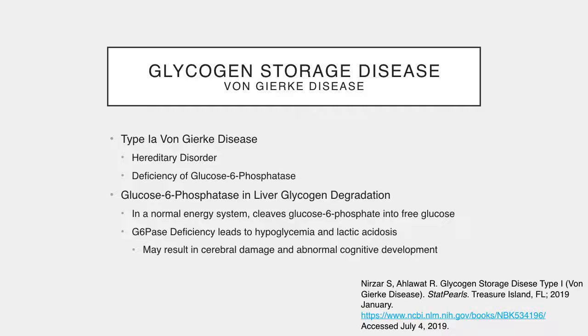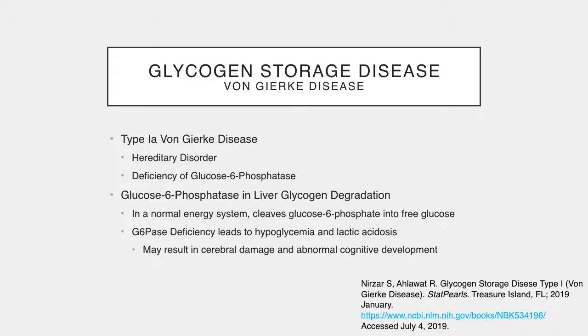Glycogen storage disease is better known as von Gierke disease. There are many different types of GSD, but this particular patient's history and physical reflect a classic type 1A presentation of von Gierke disease, which is a hereditary disorder manifesting due to a deficiency of the enzyme glucose 6-phosphatase.